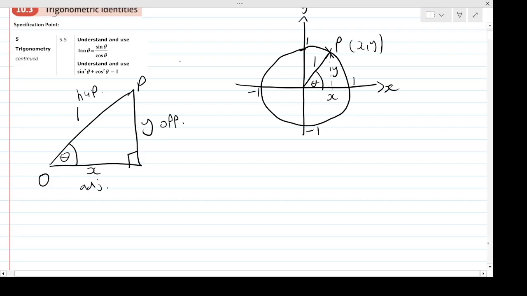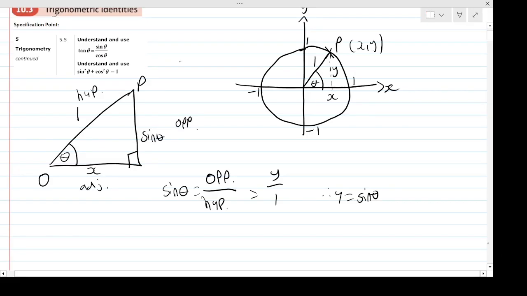So therefore, we would have sine theta is the opposite over hypotenuse, right? Remember your SOHCAHTOA. The opposite is y, and the hypotenuse is 1, right? Well, therefore, y over 1 is just y. So therefore, y is sine theta. So we can literally just call this sine theta, that length.